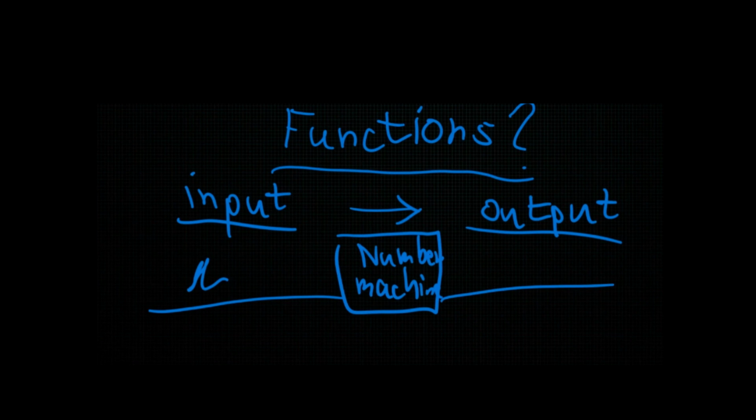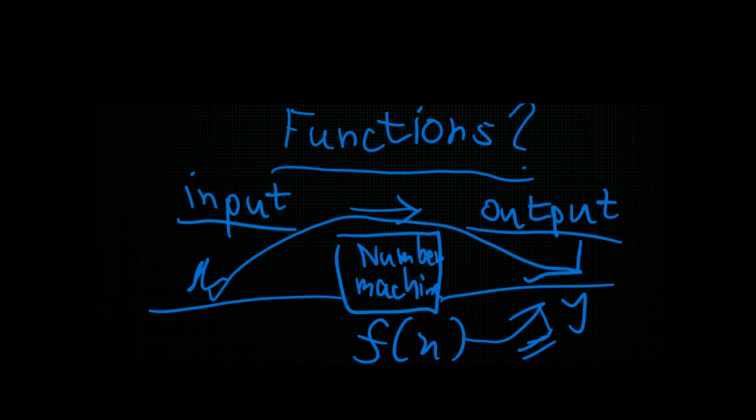So the function of x, or f of x, will be the output y. It will be equal to y. So the input of x will be the value y, or f of x.